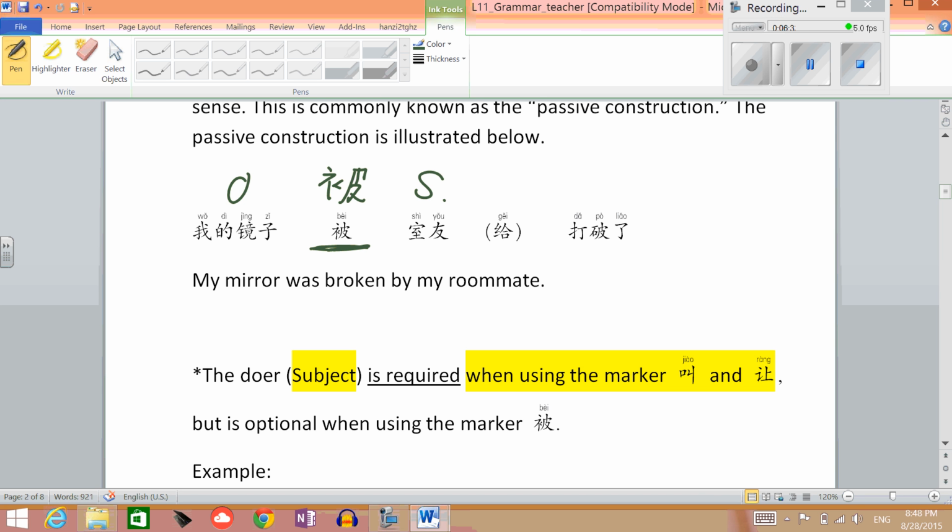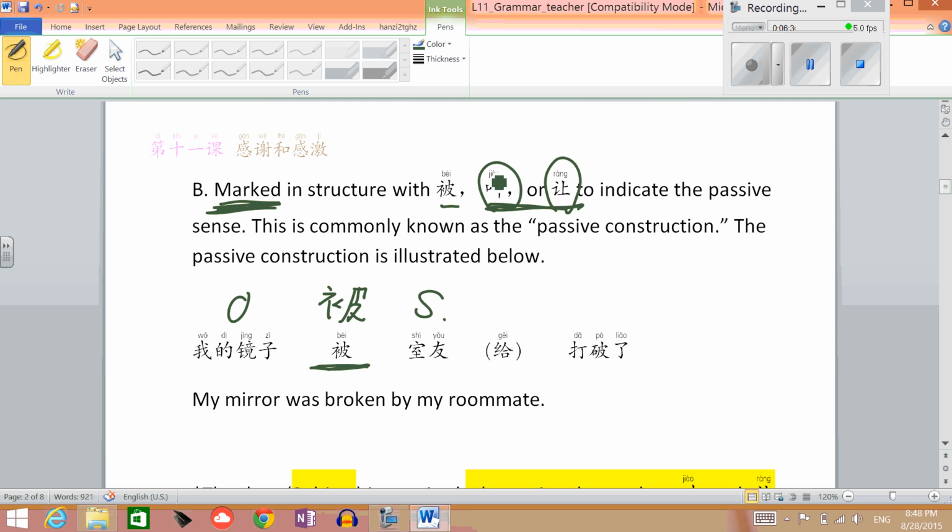Let's talk about what I'm saying with 被 switching with 叫 or 让. So here you can also say 我的镜子叫室友给打破了. Or 让室友给打破了.